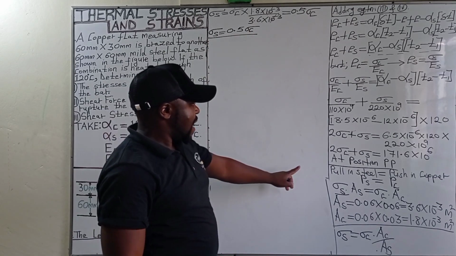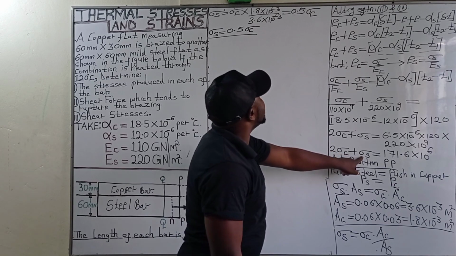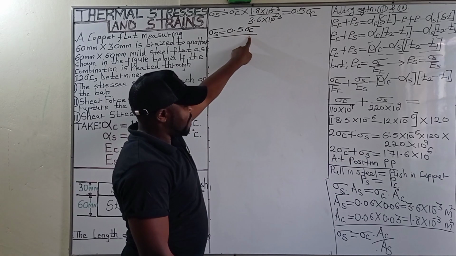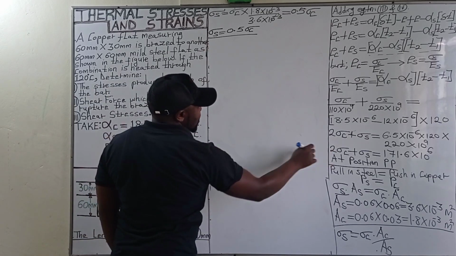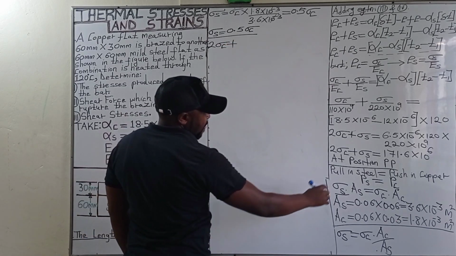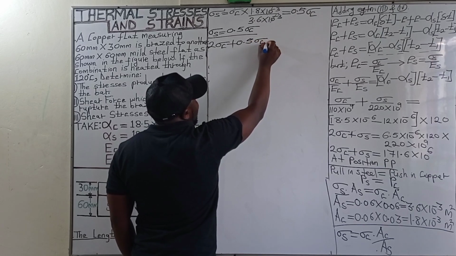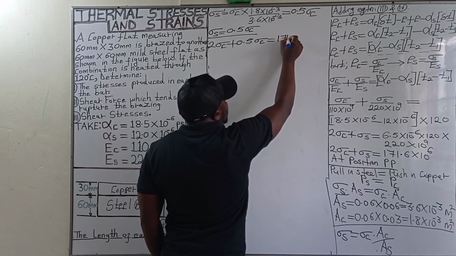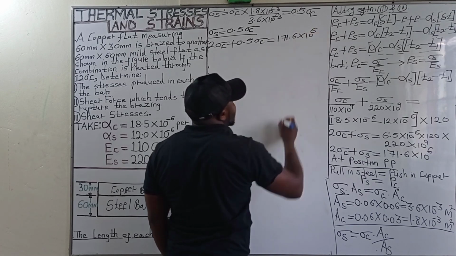So when you come back here, we are going to substitute the values of the stress in steel with 0.5 stress in copper. And this will lead us to 2 stress in copper plus 0.5 stress in copper is equal to 171.6 times 10 raised to the power of 6.